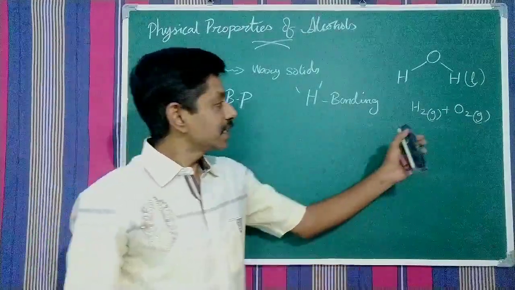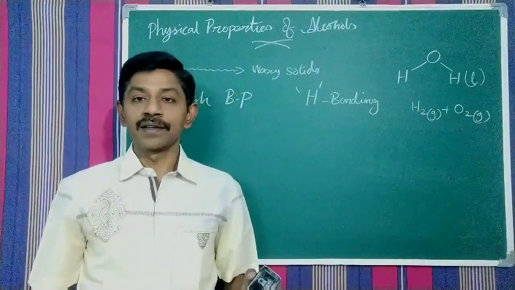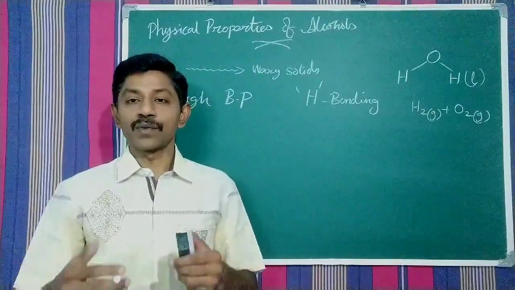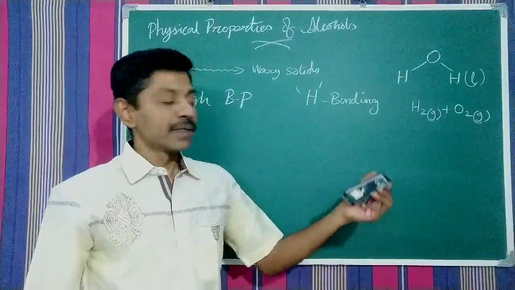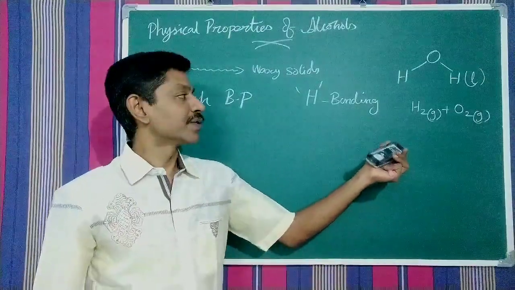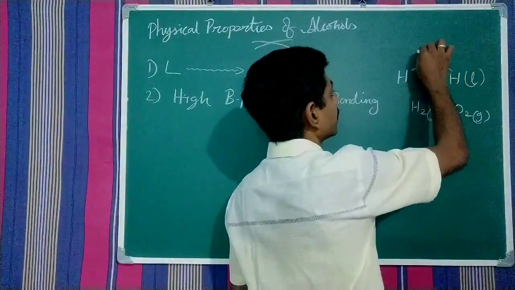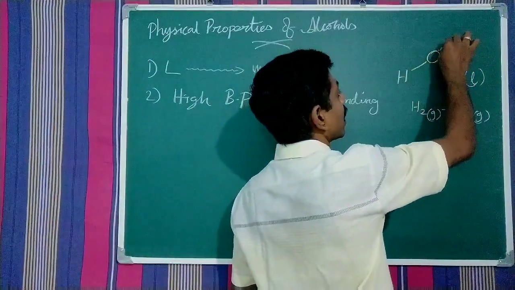And if this is not happening, there is no presence of water, there is no life on the earth. Almost 3/4 of the earth is covered with water only. And this wonderful behavior is because of intermolecular hydrogen bonding.